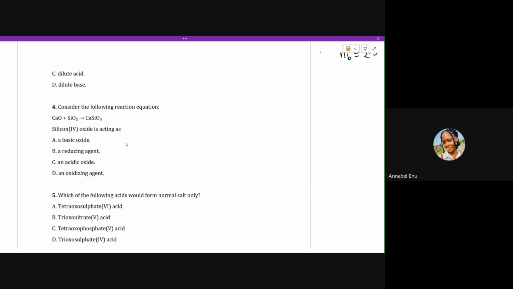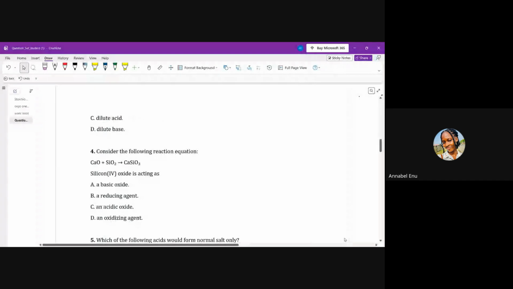Very good. Silicon is a non-metal, so that is why. And calcium is very much metallic. So that's why it is a base.